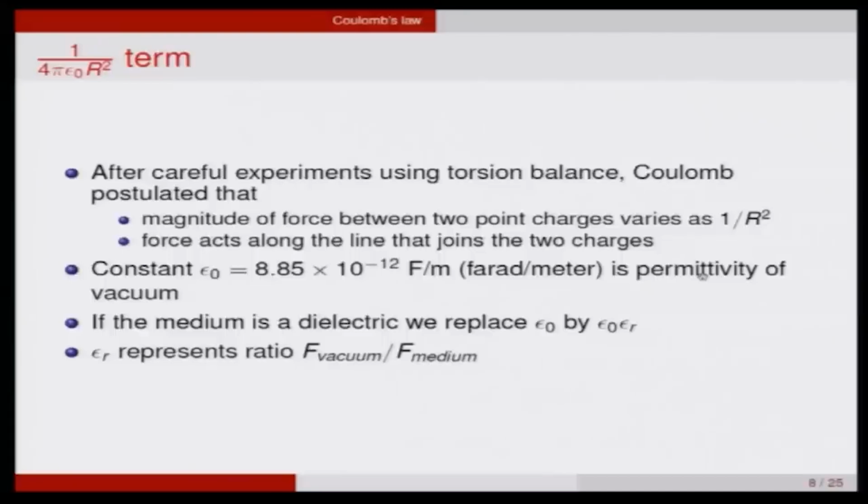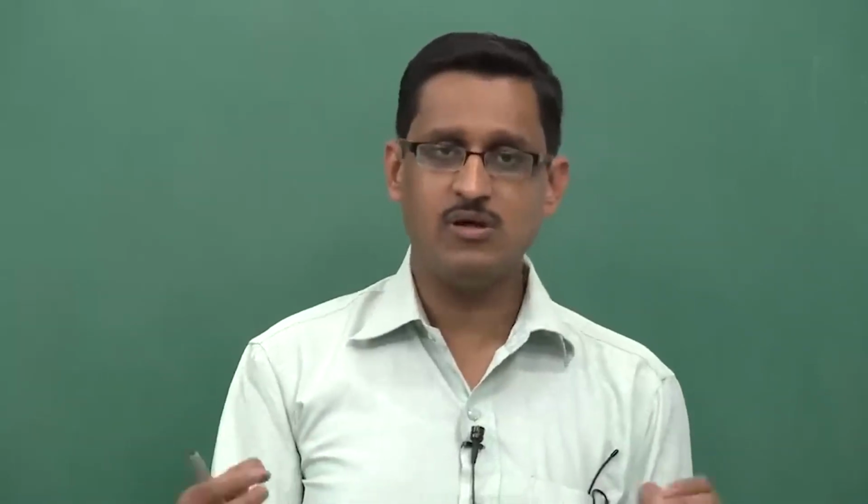Now, instead of vacuum, you take the two charges and put them with a material, okay, that material is called a dielectric material. Then we need to replace this epsilon 0 by epsilon 0 into epsilon r, where epsilon r now represents the ratio of the force in vacuum. That is, if the two charges were placed in vacuum, what is the force between the two, and now the two charges placed inside a medium, what is the force between the two.